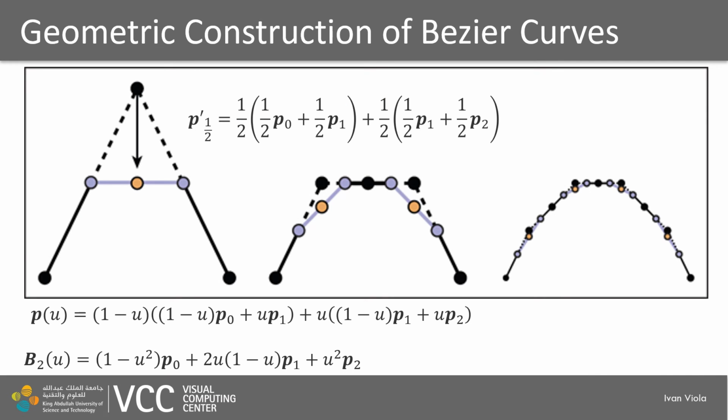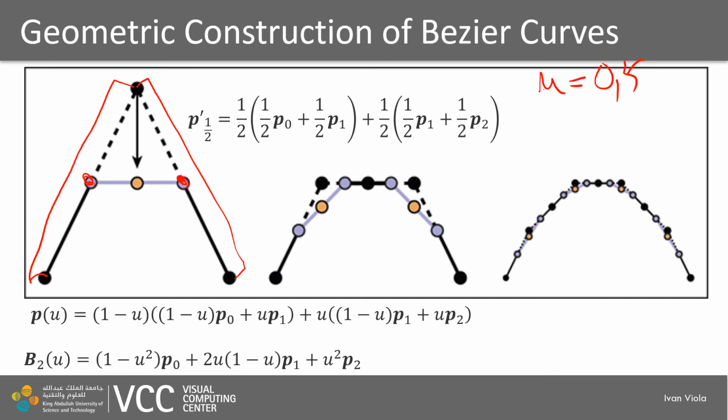Now let's have a look at the construction of the Bezier curves. Here is one simple example on a quadratic Bezier curve: how can we generate points on this Bezier curve? For u equals 0.5, or 1/2, we have the following example. We take our original control polygon and halve its sides.